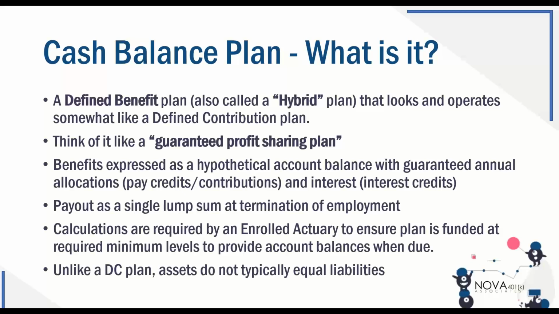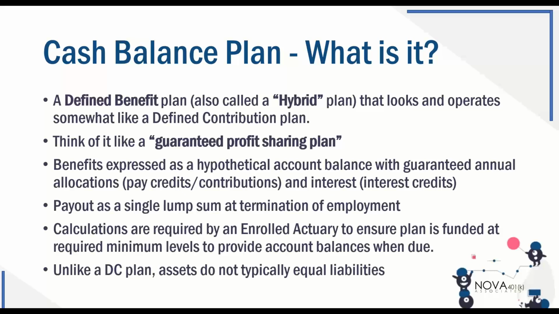So what is a cash balance plan? Again, this is a bit basic. It is a DB plan. Sometimes it's called a hybrid plan, and it looks and operates like a defined contribution plan, which is what makes it attractive. You can think of it like a guaranteed profit sharing plan because the contribution is guaranteed, it's in the plan document, and the interest is guaranteed because that's also in the plan document.